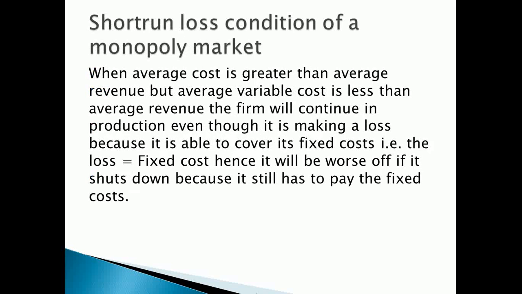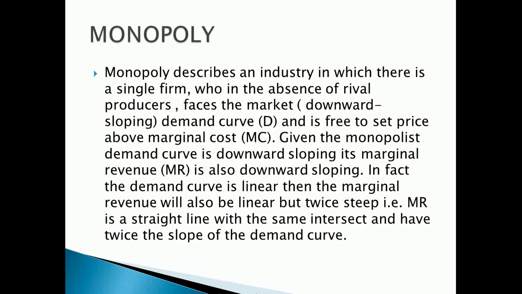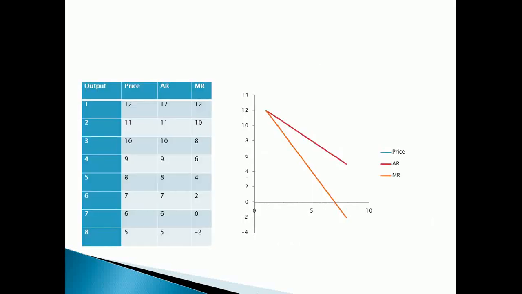And this is the normal profit of a monopoly firm in the long run, where AR, which is P, equals AC. In other words, these are the three conditions in the monopoly firm when it comes to profit, and these are the three types of profit a monopoly firm can experience. But irrespective of the level of profit, a monopoly firm continues to dictate the market, because it dictates the price.